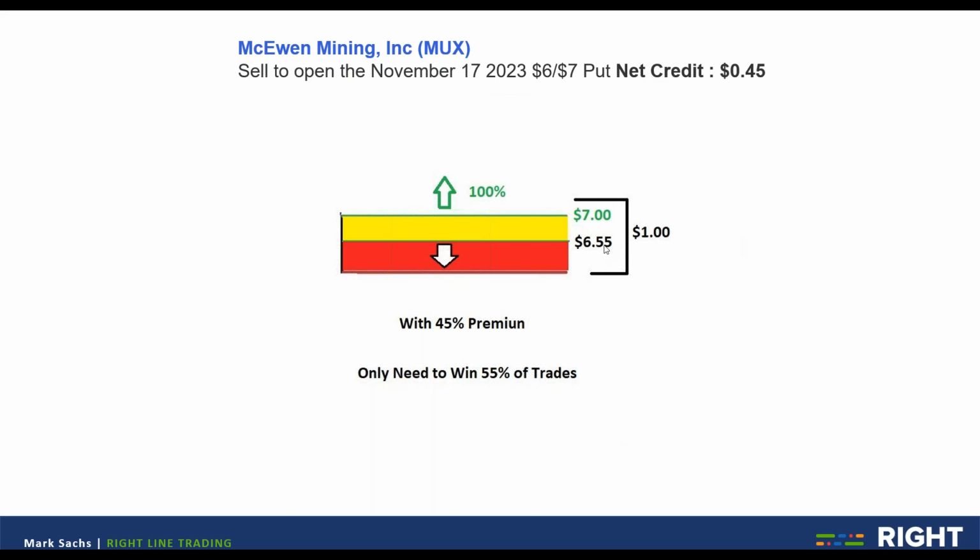Number one, you want to find a stock with a very high implied volatility. Number two, you want to try to find a stock that you're able to configure optimally with a small vertical width. And thirdly, you want to try to trade a stock that's cheap.